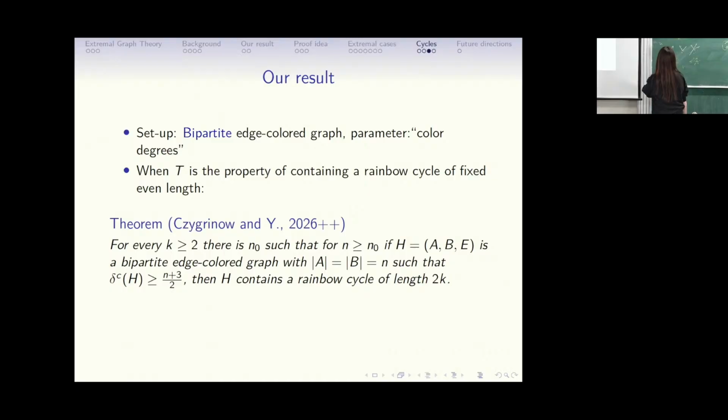A lot of the method for the non-extremal case comes from the ideas of the related work on digraphs, but for the extremal case, we still need to come back to the colors at the end.